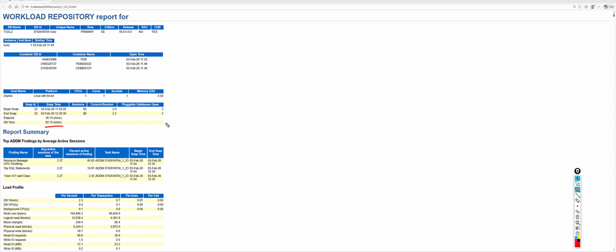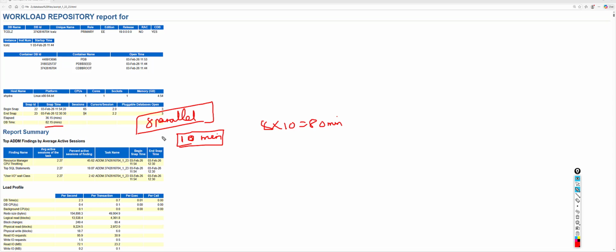So imagine here 8 parallel servers were working on something. If each parallel server consumed 10 minutes to do the work, then if you just multiply 8 into 10, it will be 80 minutes, right?